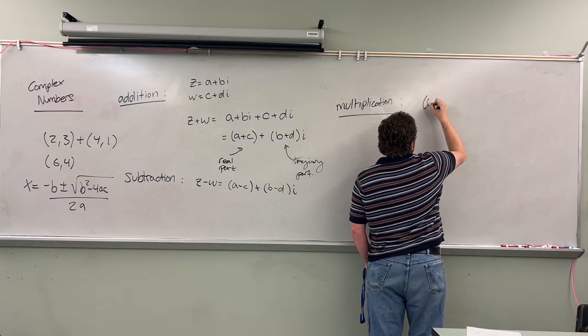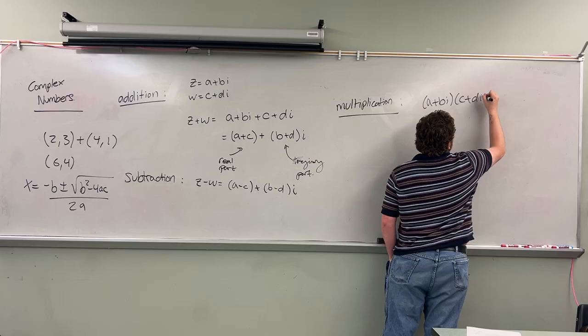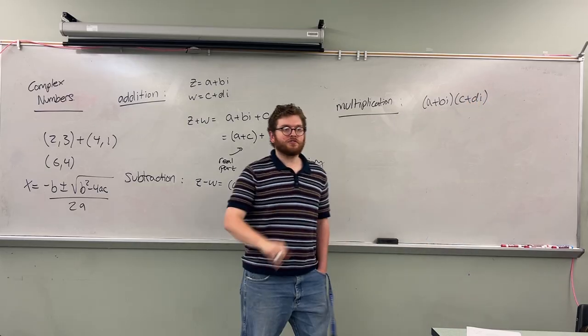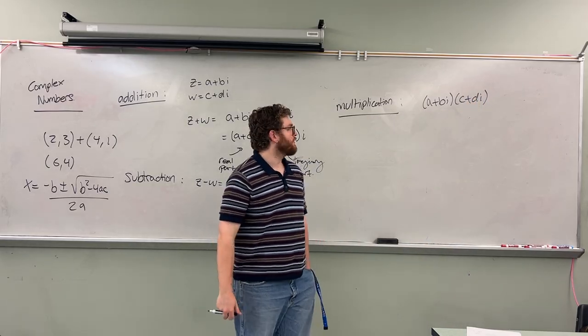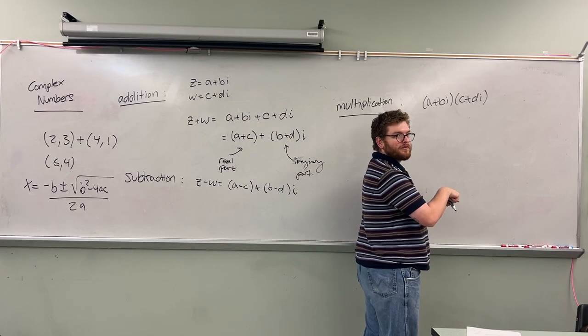So if I want to multiply two complex numbers, again, I'm just in general stating this, that's why I'm using letters instead of numbers. For any general two things, I can use this. I just FOIL it out.